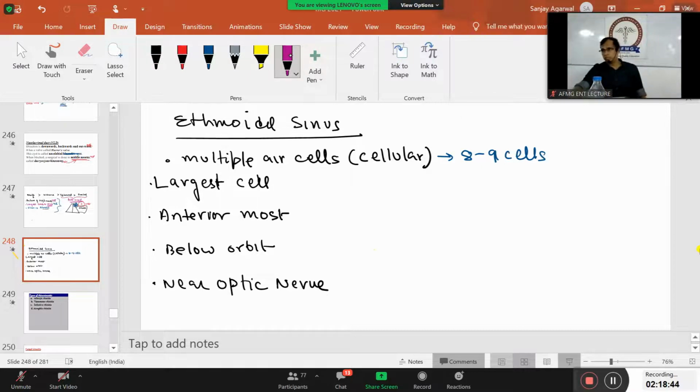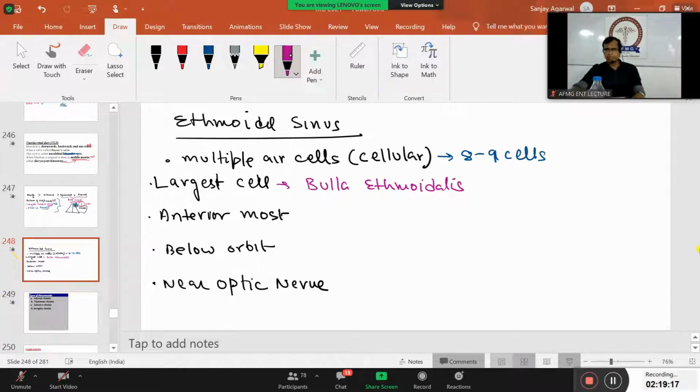Which one is called by what name is very important. So 4 names basically, remember, it's very easy. The largest is like a balloon. Bulla. Balloon is the bulla of the ethmoid. It's called bulla ethmoidalis. You know? That's what it is.